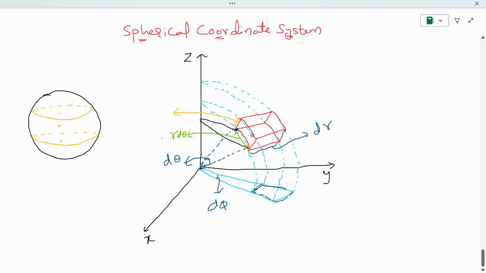So here I have taken a small volume element. I am just drawing the same small volume element here. See, this is curved, but it appears linear because it is a small volume element.